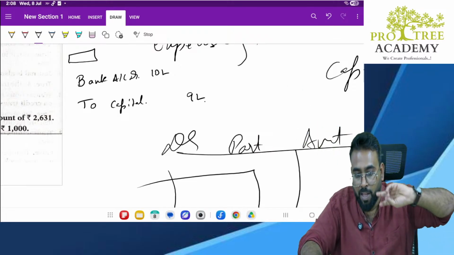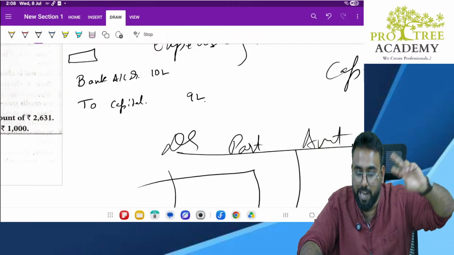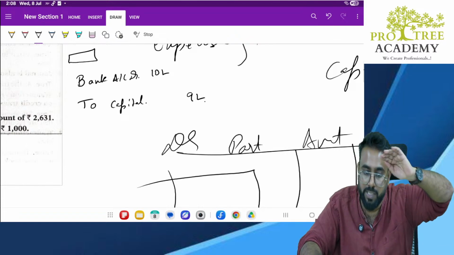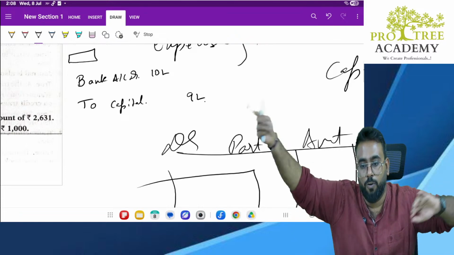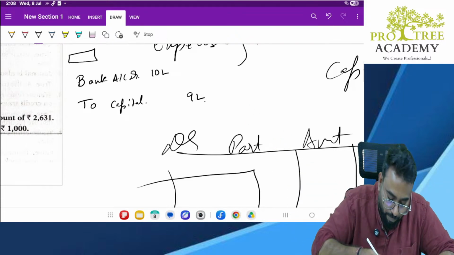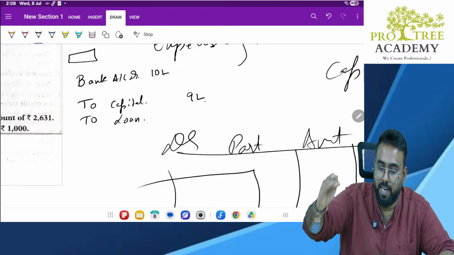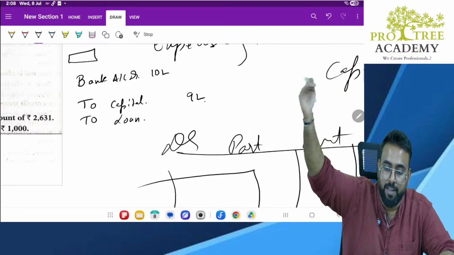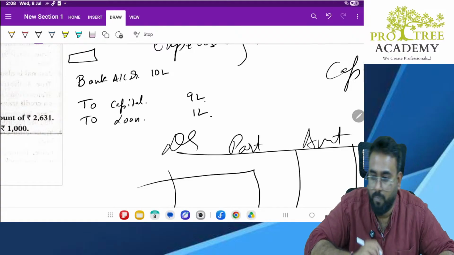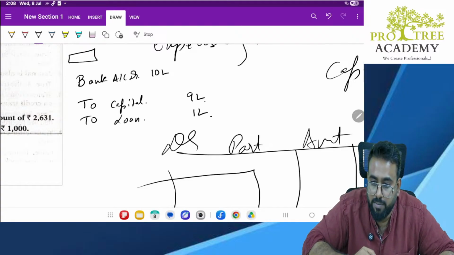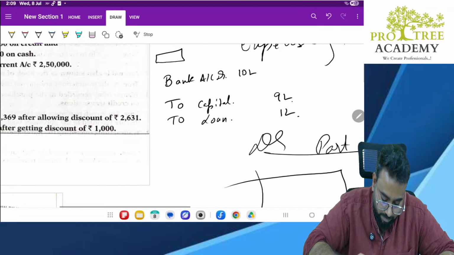When you close that loan, you will end up paying in cash. So, to loan: because loan is a liability, it increases, so it will be credited. Am I clear, everybody?